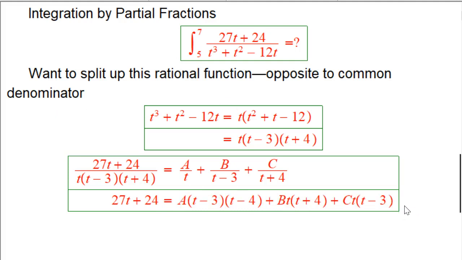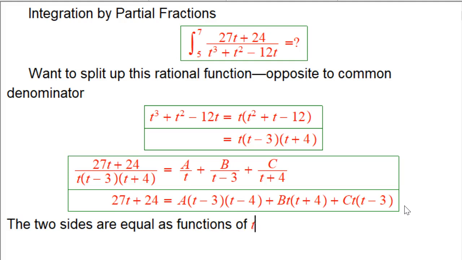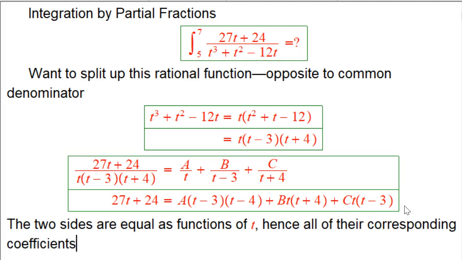If two polynomials are equal as functions, let me write this down. They are equal as functions of t. The only way to do that, two polynomials can only be equal if all of their coefficients, all the corresponding coefficients, are equal.